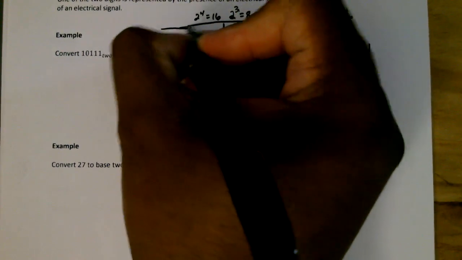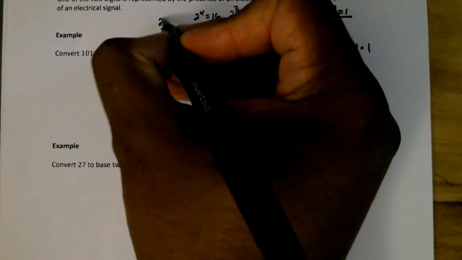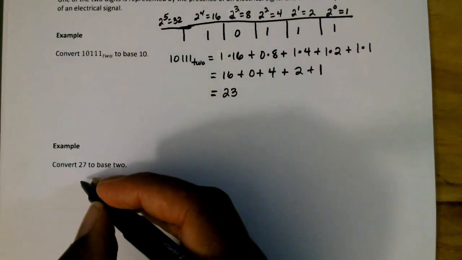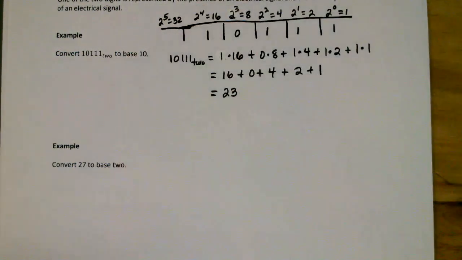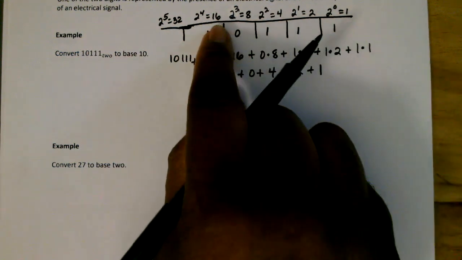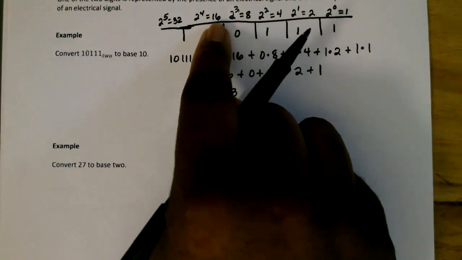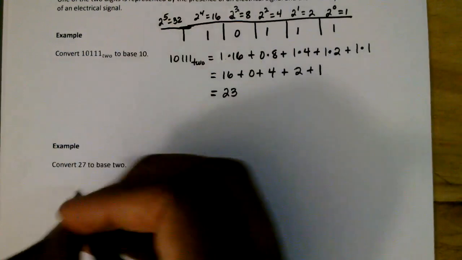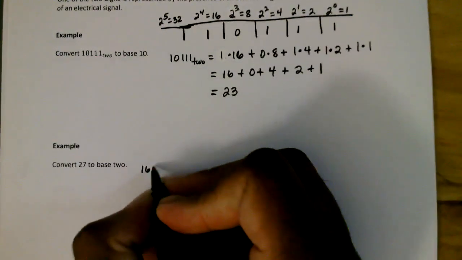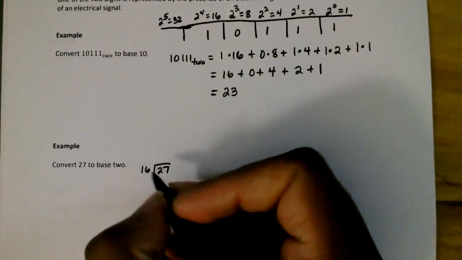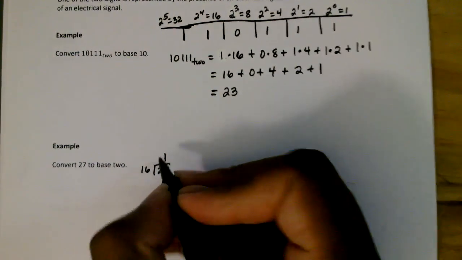Now I'm going to extend this a bit. 2 to the 5th is actually 32, but 32 is bigger than 27. I'm not going to be able to divide 32 into 27. So now I have to use 16, which is 2 to the 4th. So if I do 16 into 27, that will go 1 time.